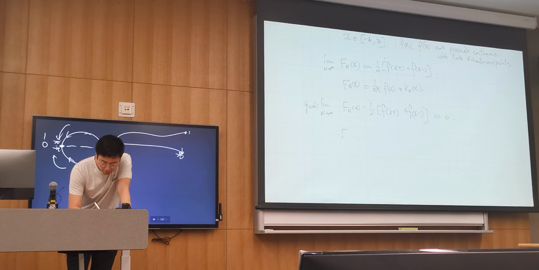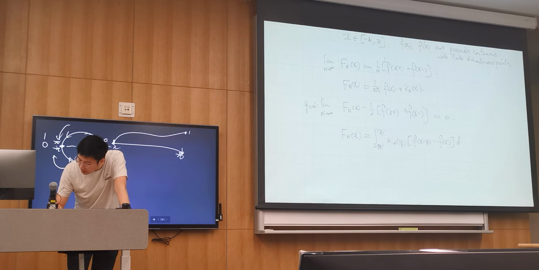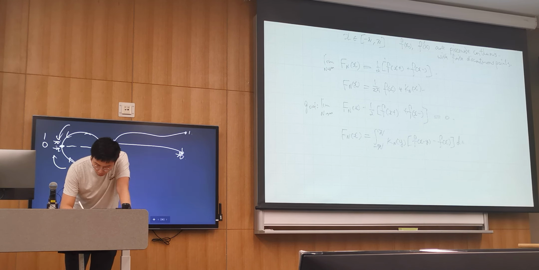And again, don't forget fn(x) equals the integral from negative pi to pi of kn(y), and then f(x minus y) minus f(x), dy over 2 pi.